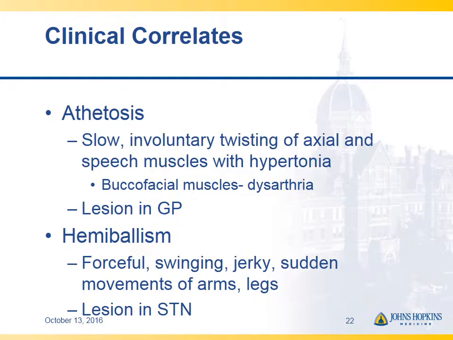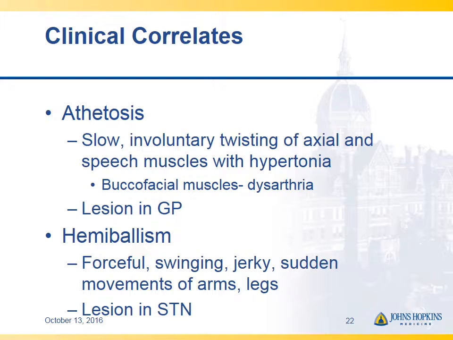Other types of movement disorders that one might see would include athetosis, which is characterized by slow, involuntary twisting of the axial and speech muscles, combined with hypertonia or excess tone.